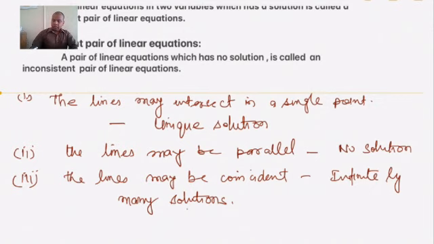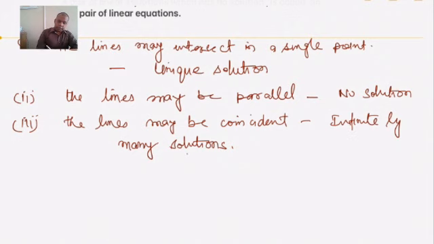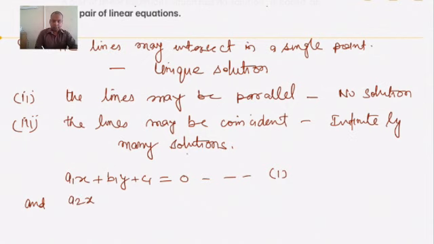Now let us take the two lines a1x plus b1y plus c1 is equal to 0 and a2x plus b2y plus c2 is equal to 0.